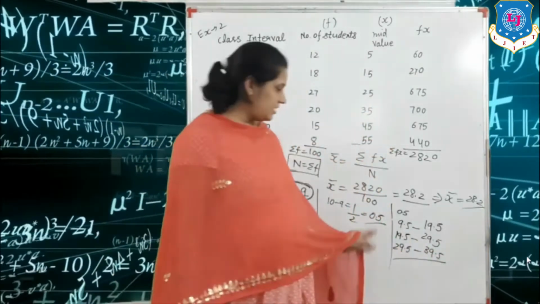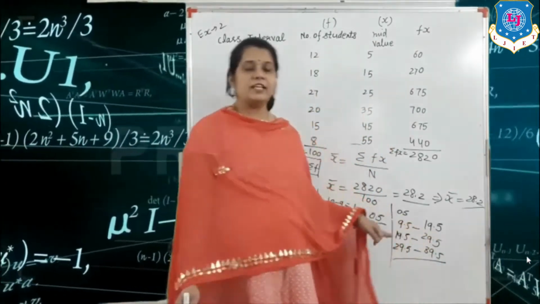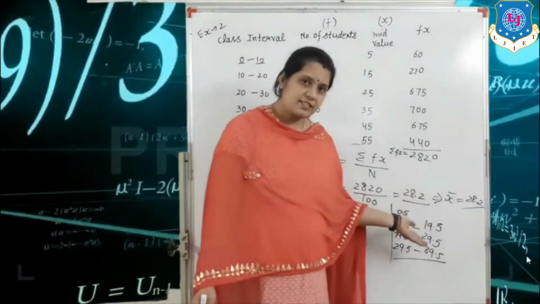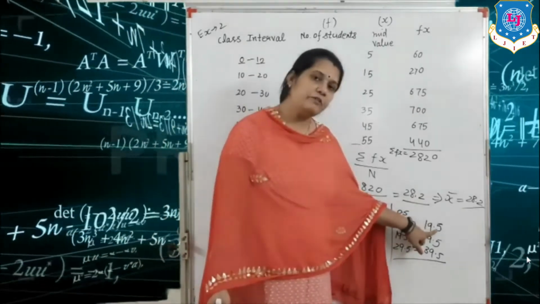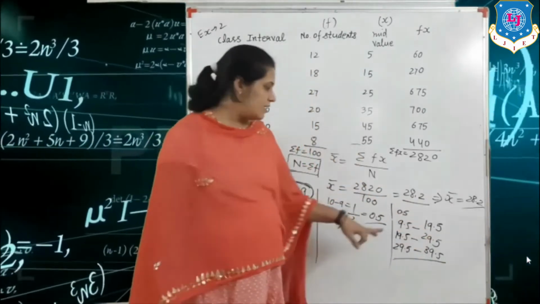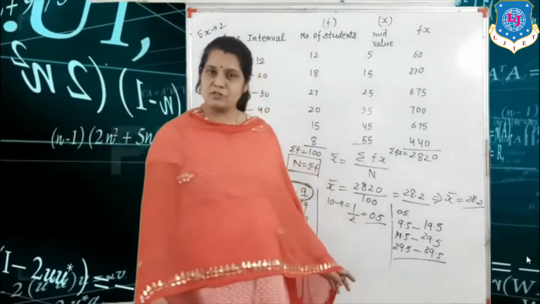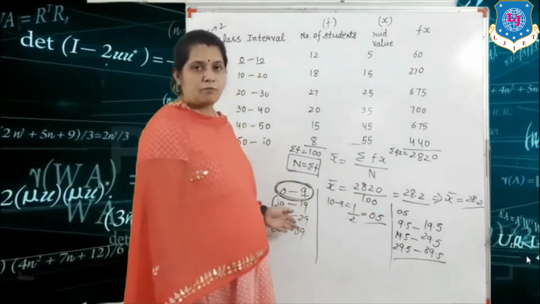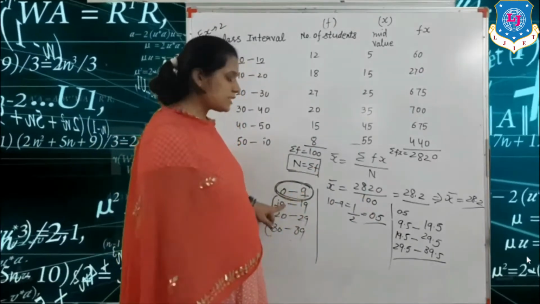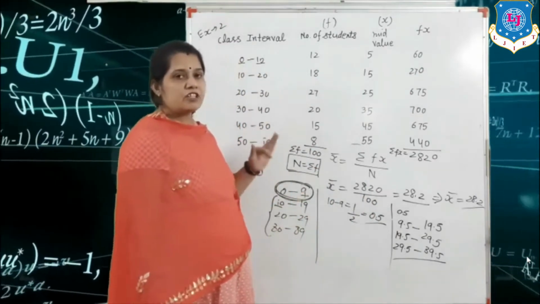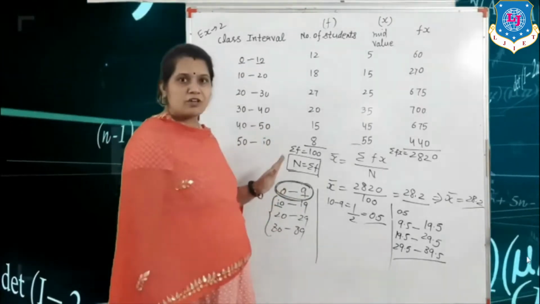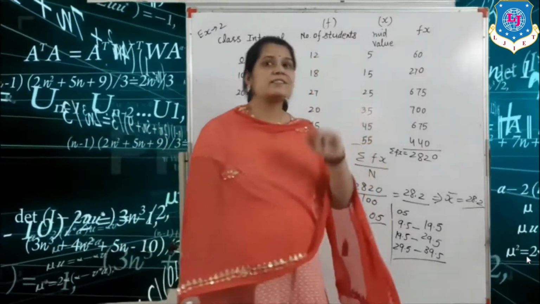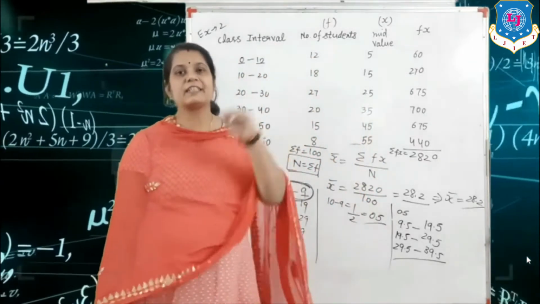Got it? So see here, this is your interval converted into the exclusive form, because the upper limit of the first interval is 19.5, and in the next interval the lower limit is 19.5. So always keep in mind, if your interval is given in this form, the interval does not start from zero. If your interval started from zero, you would write minus 0.5, and this is not valid in a class interval.